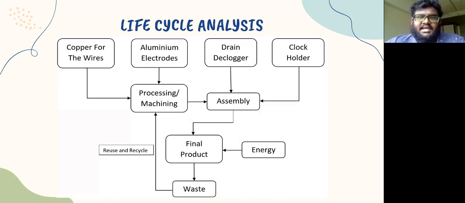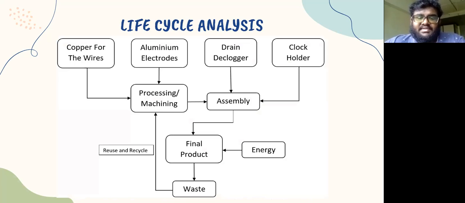Next we'll be taking a look at the life cycle analysis for our product. The top row is all the raw materials that we use. For example, the copper for the wires, aluminum electrodes, the drain declogger, and the clock holder are raw materials. The raw materials that require processing and or machining are the aluminum electrodes and copper for the wires.